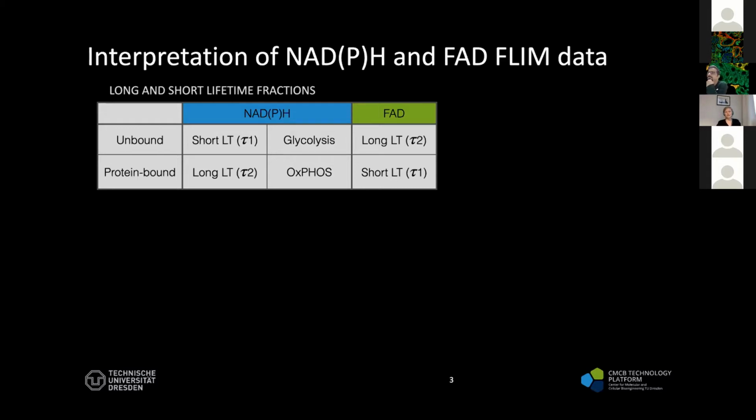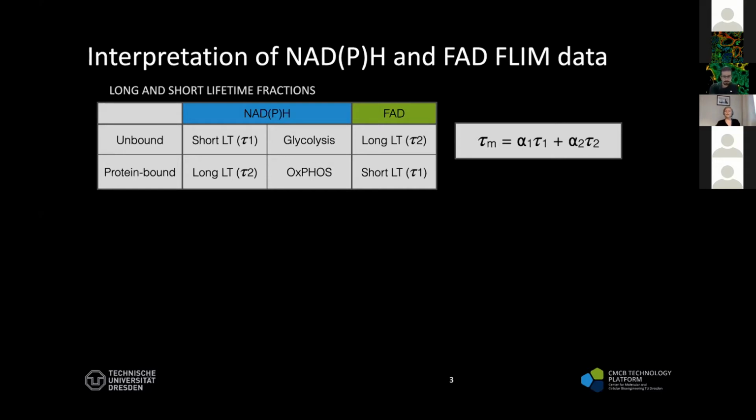For FAD, this interpretation is much more difficult, and there's some discussion in the field, as different labs see different tendencies of how this can be interpreted. Often this is very much cell type or tissue specific, possibly due to different FAD levels and other flavin-containing molecules. But generally, again, the unbound form has the long lifetime, the protein-bound form has the short lifetime.